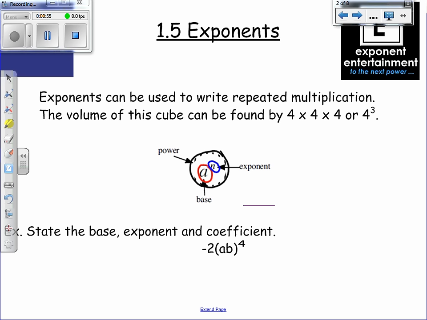If we look at our example below, it says state the base, the exponent, and the coefficient. So we will state the base as AB. That's the base because it's the big written part inside the brackets, and you see the exponent, 4, is outside the brackets.